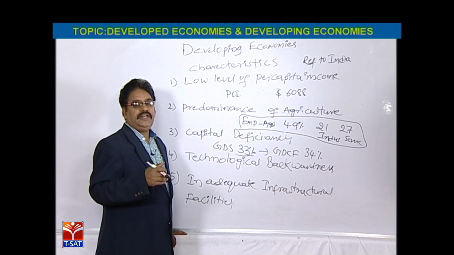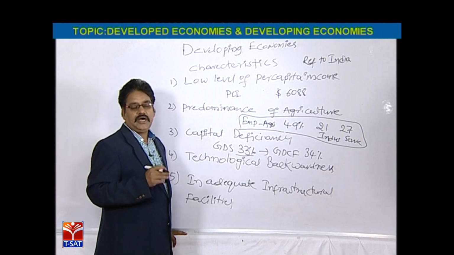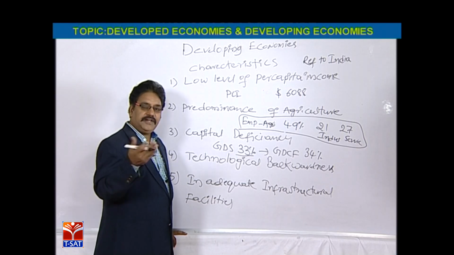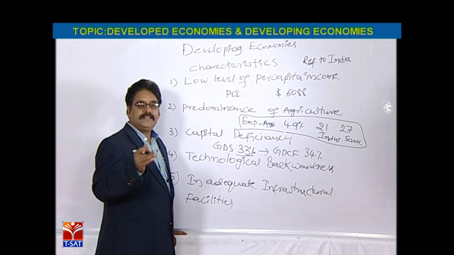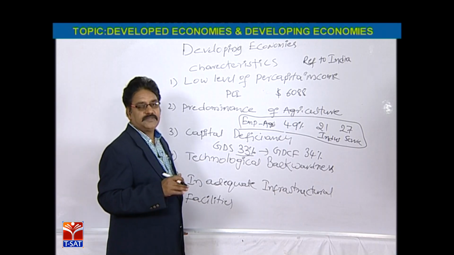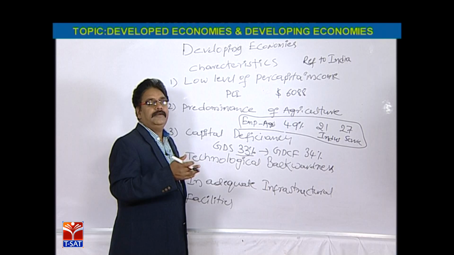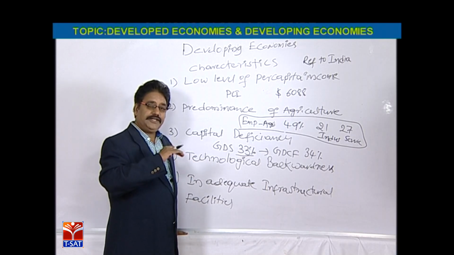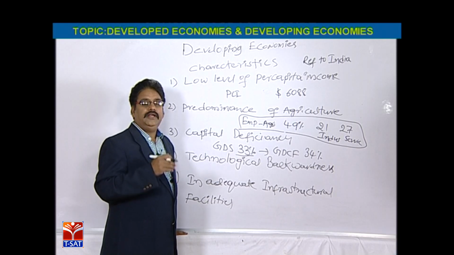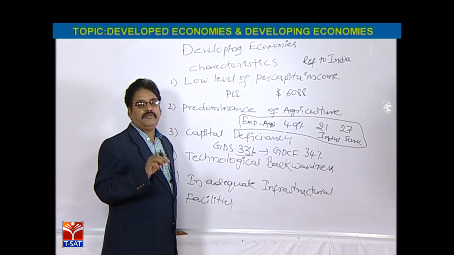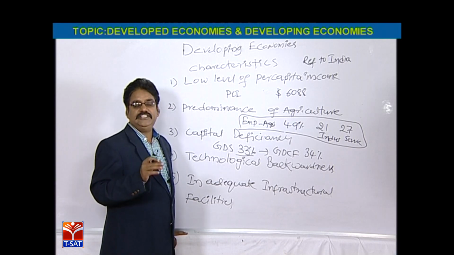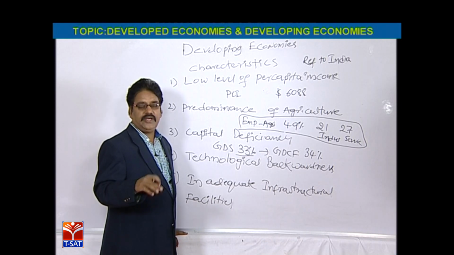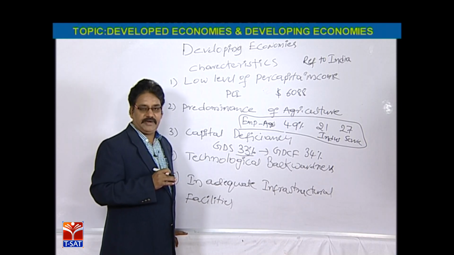But in our India, we are spending only 1% of our GDP on research and development, whereas developed economies are spending 3 to 4%. We are spending not even 1%, it is 0.84% of the GDP every year on research and development.